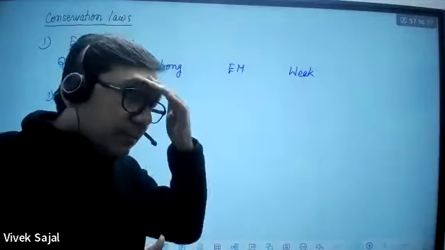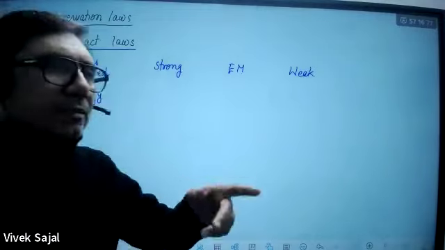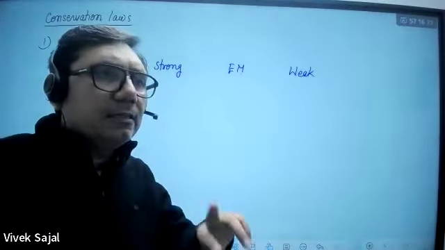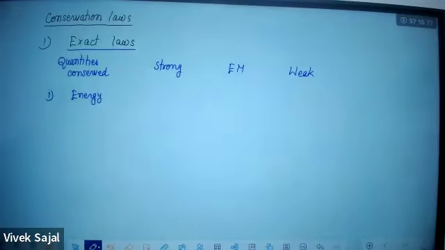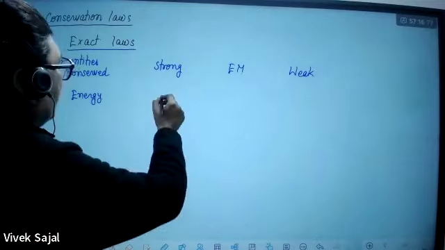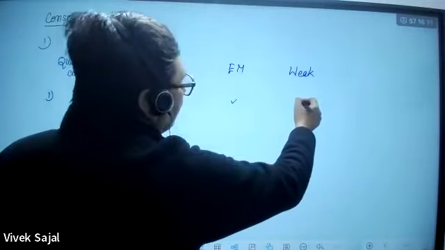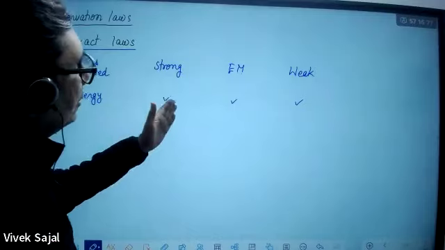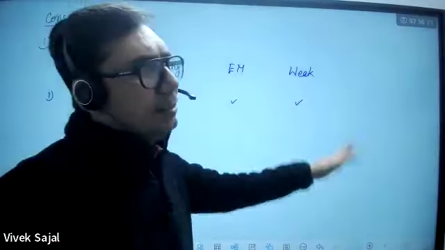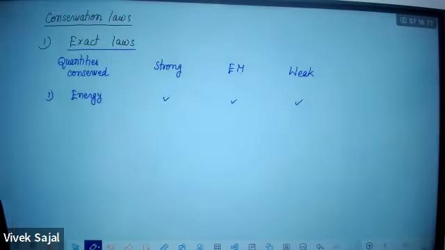Here I'm talking about the energy of the system, where you are also considering the conservation of mass, meaning conversion of mass into energy and energy into mass. So you are taking care of that. Energy will be conserved in strong interaction, electromagnetic interaction, and weak interaction. So the first quantity that will be conserved is energy.